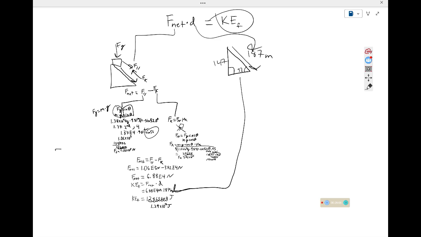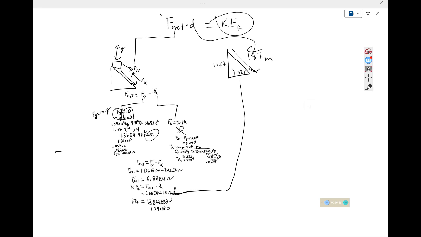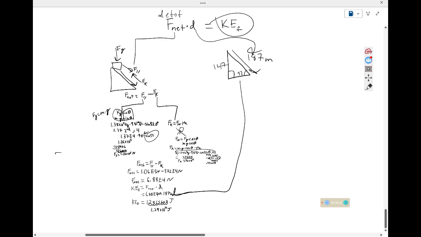You should be able to look at this and go, okay, we started off drawing a picture, writing down our knowns and unknowns. We then asked, what equations can we relate to each other? So we started here. Remember, this was the definition of work, and this right here is the work-kinetic energy theorem.